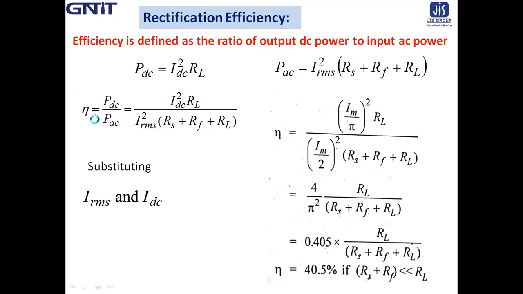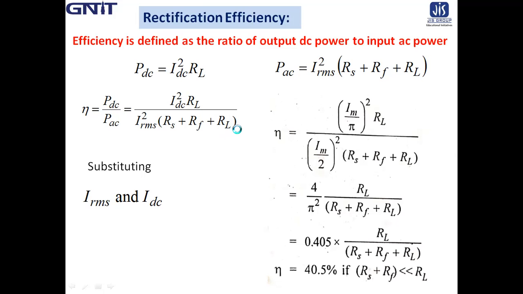Therefore, efficiency is the ratio of PDC by PAC. So it is IDC square into RL in the numerator, and in the denominator, IRMS square into (RS plus RF plus RL).